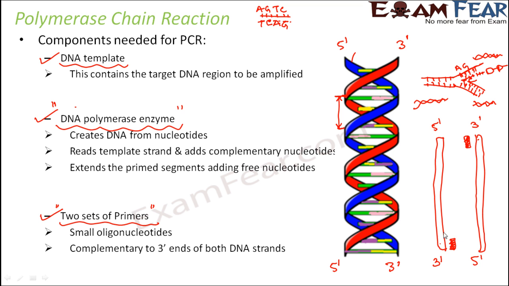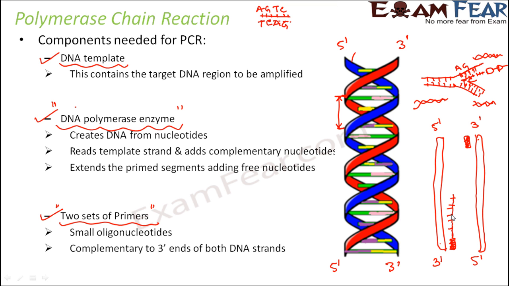Now on this primer, DNA polymerase comes into the picture, and it extends this primer. It keeps on extending it by adding the complementary nucleotides, because DNA polymerase can read the existing strand and can also add nucleotides to an existing strand. The existing thing is the primer.